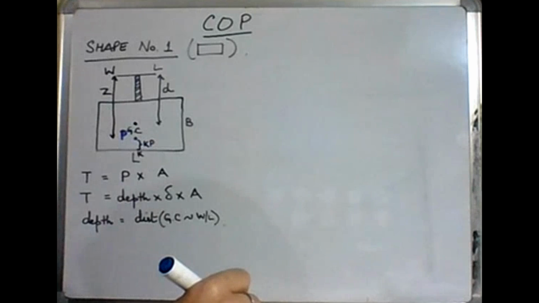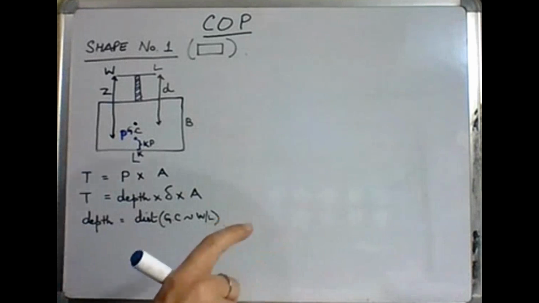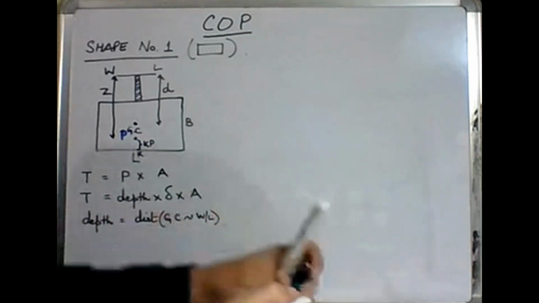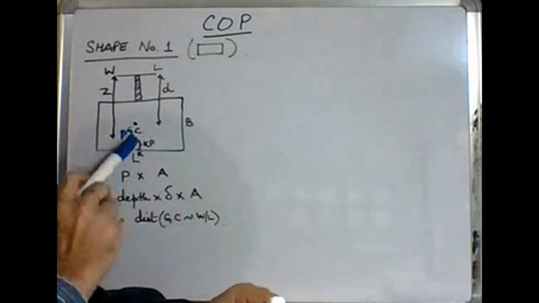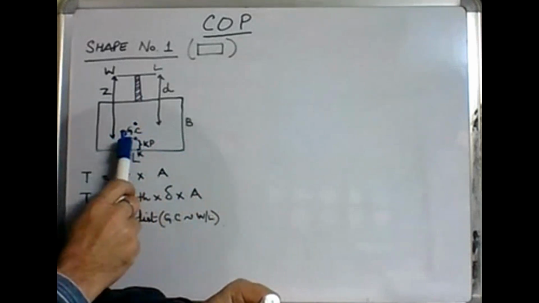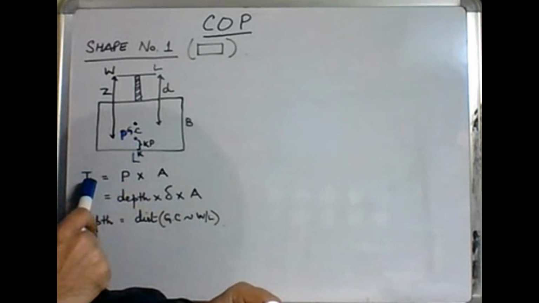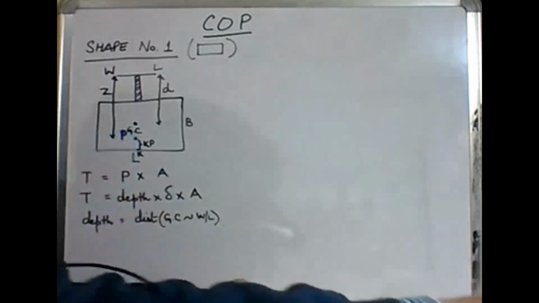So P is the center of pressure. It is the point at which the entire thrust is assumed to act.